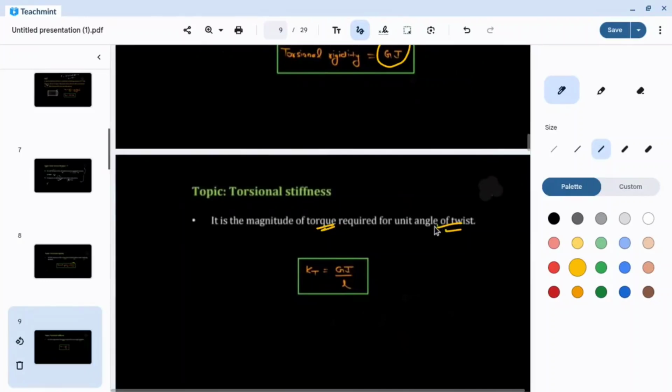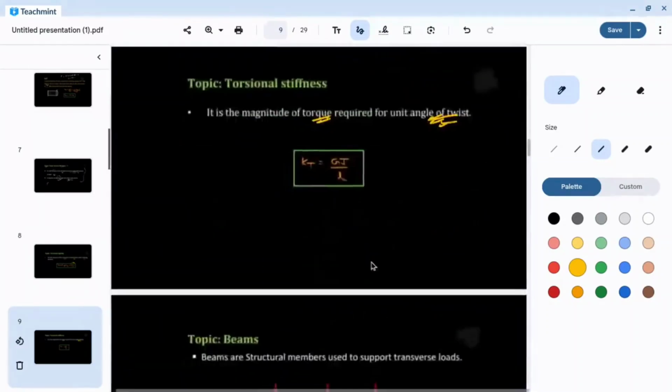So per unit angle of twist, it is GJ by L in case of torsion, and AE by L in case of axial. Don't be confused.